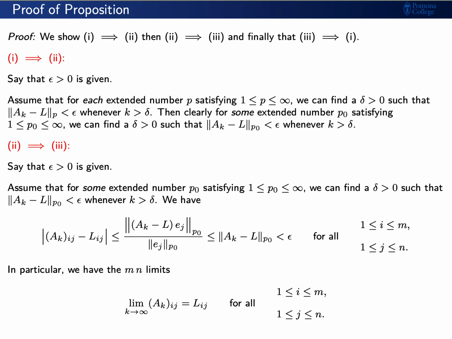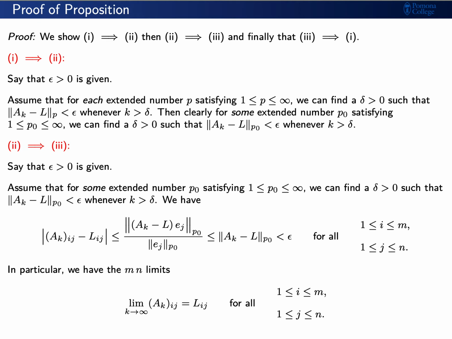Well, we can take a look at the standard basis vector e_j as a column vector times our matrix A_k minus L. Now, looking at the way that we've defined the properties of everything, we can see that the ij entry, a_k,ij minus l_ij, should be less than epsilon as well.